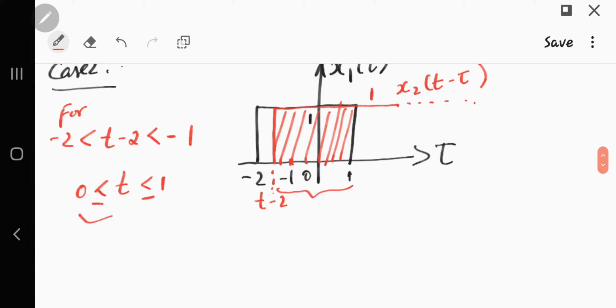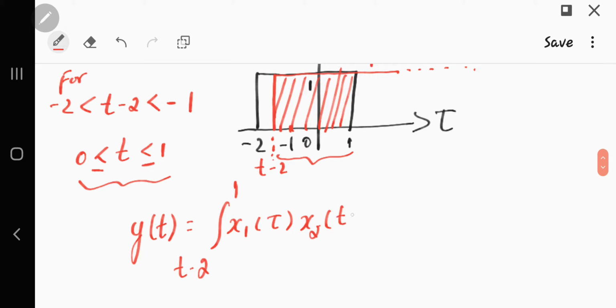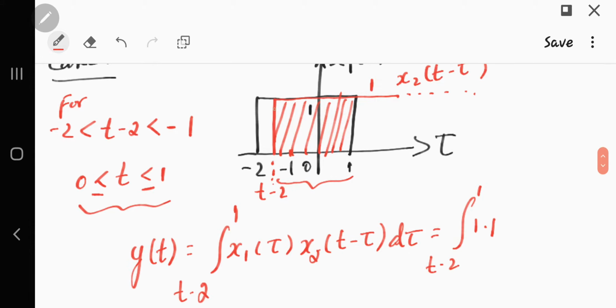So for t between 0 and 1, what is the value of y of t? So let's find out. Y of t is equal to the integral of x1 of tau, x2 of t minus tau d tau, where the overlapping region is from t minus 2 to 1. Again the values of these two are 1 and 1 in this particular duration. So at t minus 2 it is 1, and from t minus 2 to 1 both have the same values.